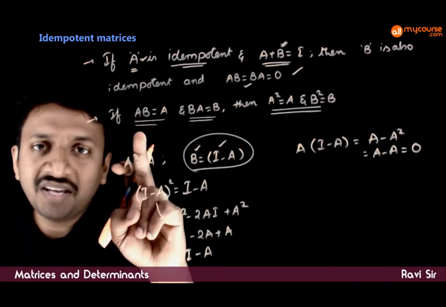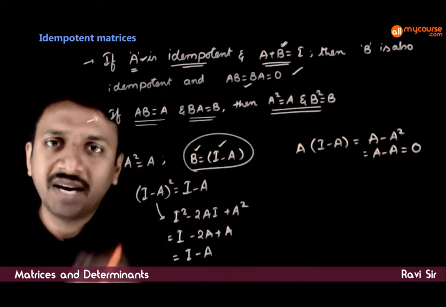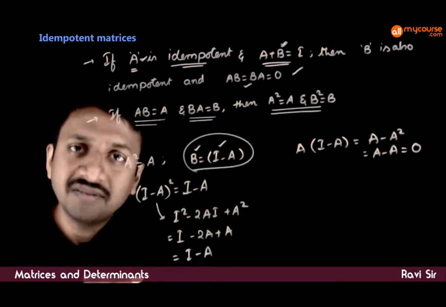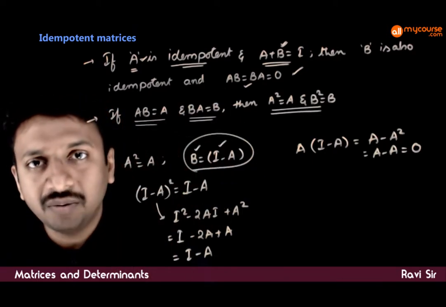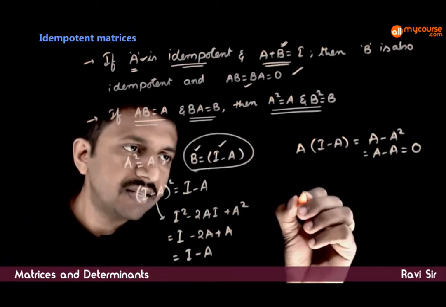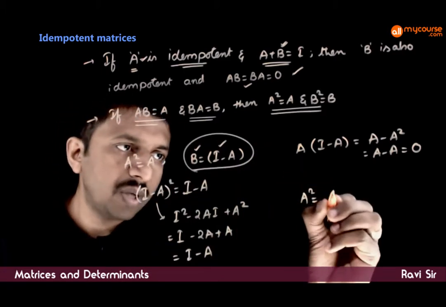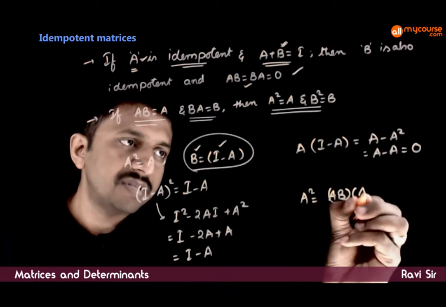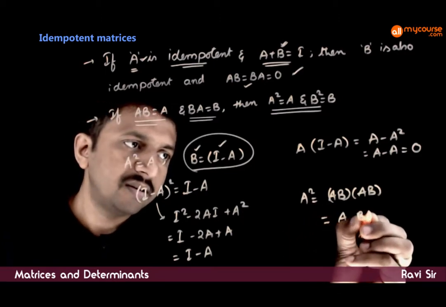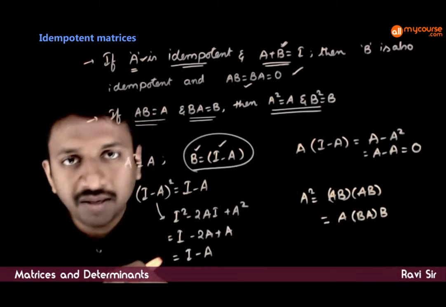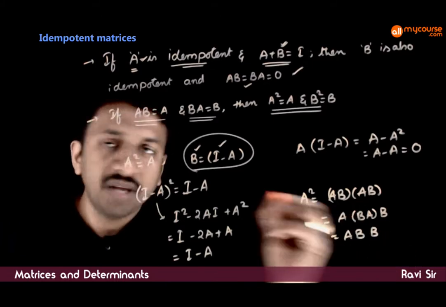And the third property is, if AB is equal to A and BA is equal to B, then A and B are idempotent. So AB is equal to A and BA is equal to B. A square is equal to, since A is AB, AB times AB, that is equal to ABAB, and BA is equal to B, so this can be written as ABB.